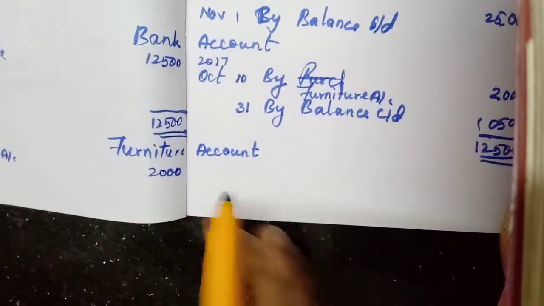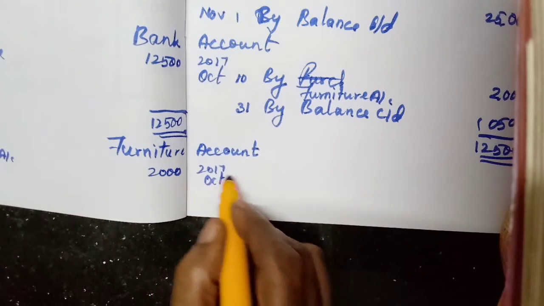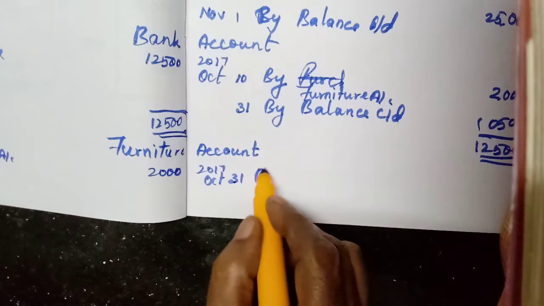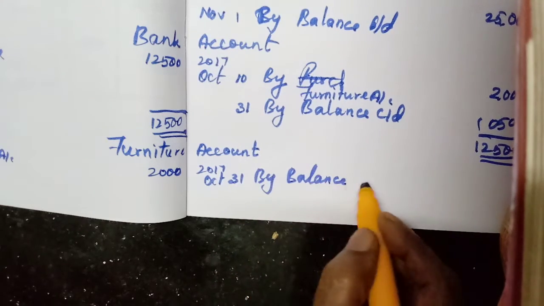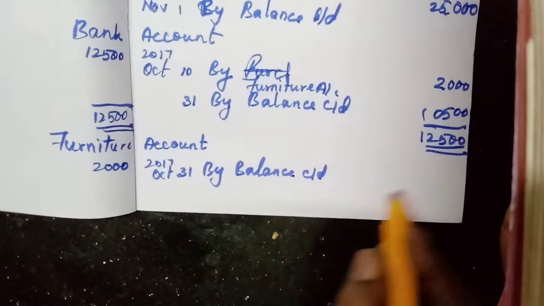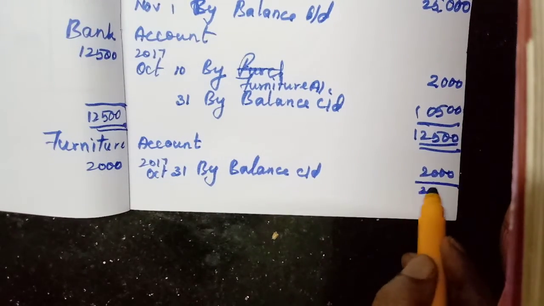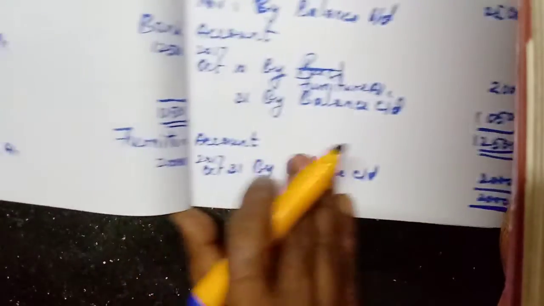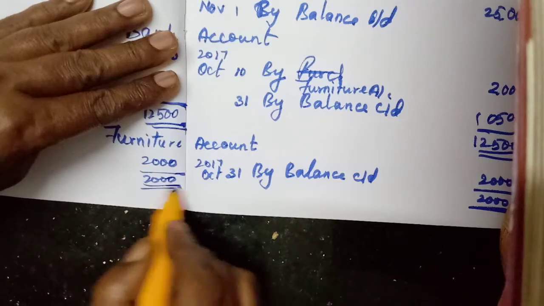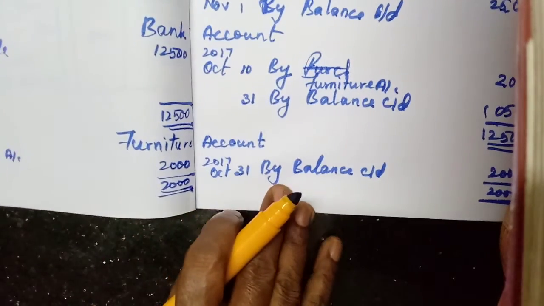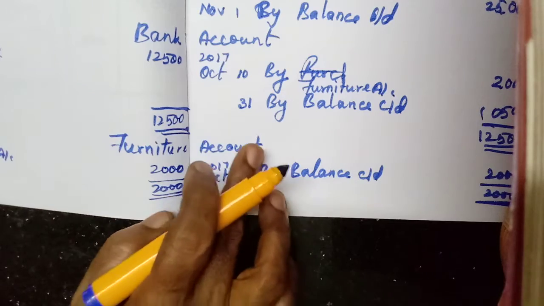So only one item. So this side we will write 31 by balance carry down. Okay, 2000. This side no other amount, so 2000. Here write 2000. This amount also 2000. Now we have to write the opening balance. So November 1. Here bank account we forgot to write, isn't it?